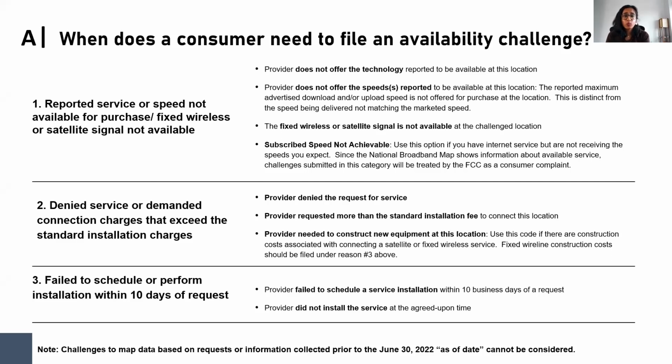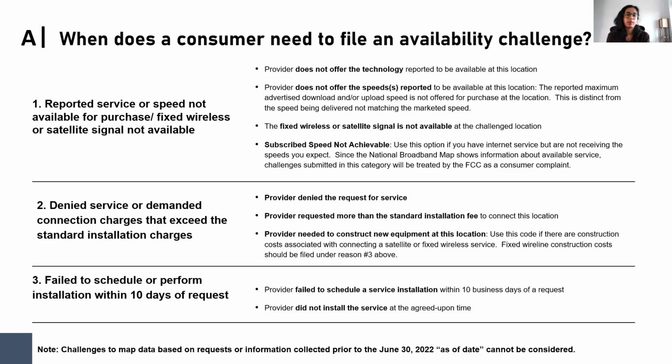So when would a consumer need to file an availability challenge? The FCC has laid down 9 different categories of when they would be accepting an availability challenge. To make it easier, we've subcategorized it into 3. So you would need to report a challenge if the reported service or speed that has been reflected on the map is not available for purchase at that location, or if the fixed wireless or satellite signal that is reflected to be available is not available at that particular location.